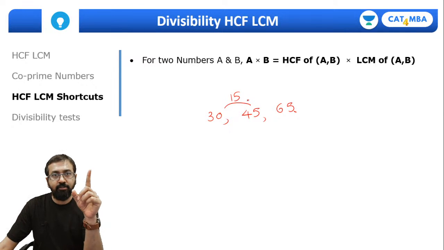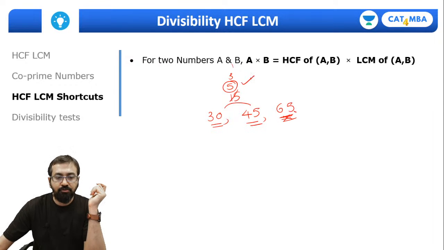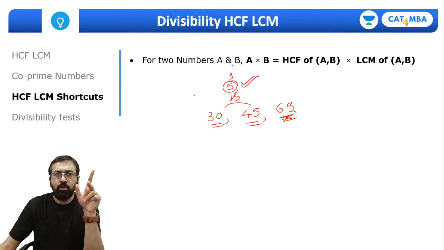So my HCF will be either 15 or a factor of 15. As simple as that. So are these numbers divisible by 15? Yes, they are divisible by 15, but this number is not divisible by 15. So 15 can't be the HCF. So what are the factors of 15? 5, 3 and 1. Check for 5. Are all these numbers divisible by 5? Yes. So 5 is the HCF. So by looking at the difference, you can also make out what the HCF is.